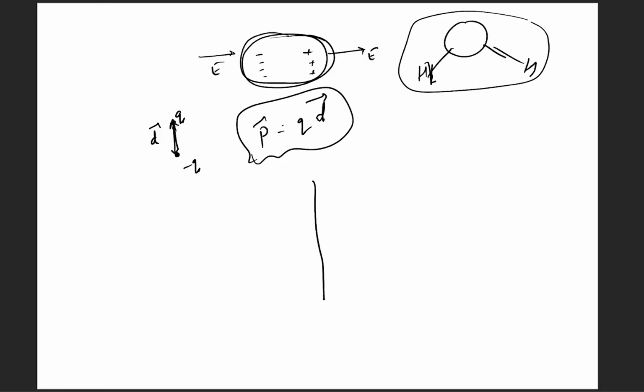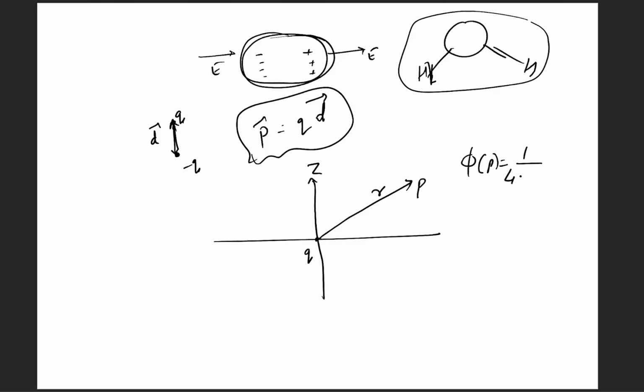Let us say this is the z-axis, this is point charge q placed at the origin, and this is point P which is at r. So the potential at P due to this charge q will be 1 by 4 pi epsilon naught, q by r.